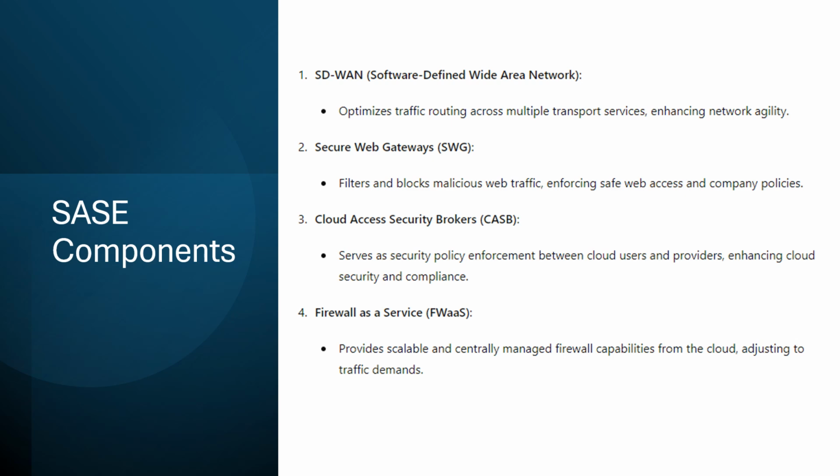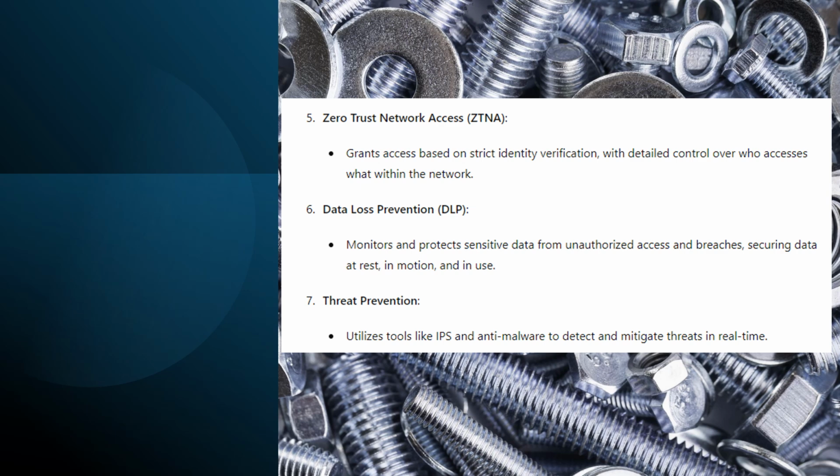Four, Firewall as a Service, which provides scalable and centrally managed firewall capabilities from the cloud, adjusting to traffic demands. Five, Zero Trust Network Access, or ZTNA, which grants access based on strict identity verification with detailed control over who can access what within the network.